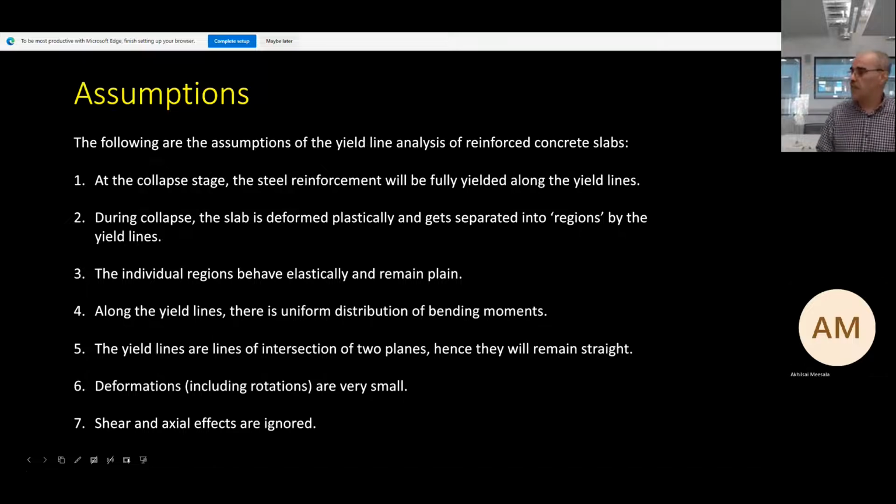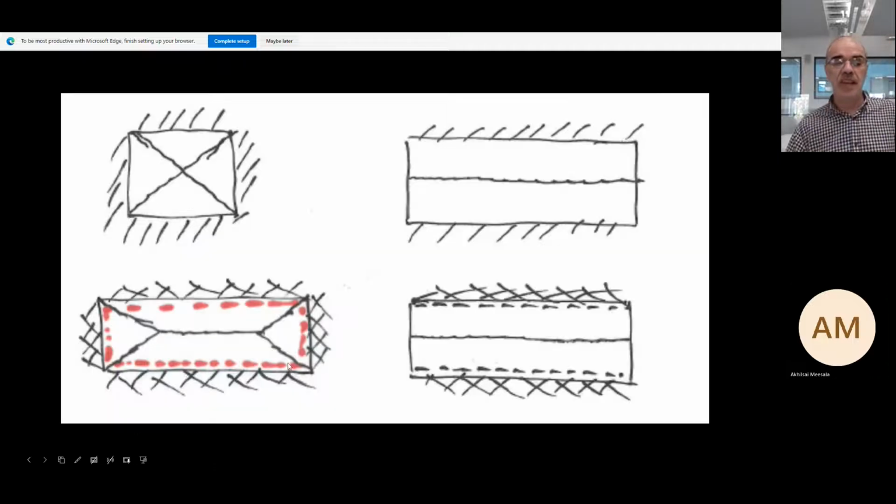So the next thing I'm going to do now is look at a proper slab with some yield lines. These are some examples of how the cracks or the yield lines develop in slabs.